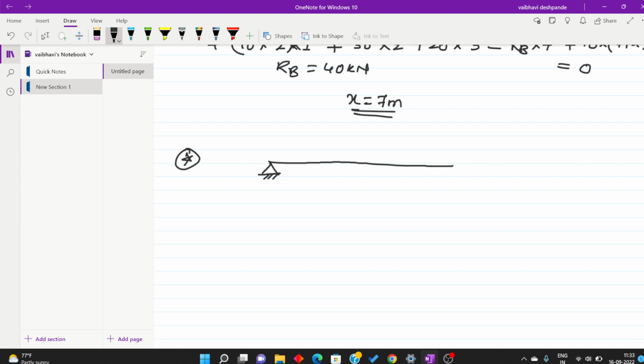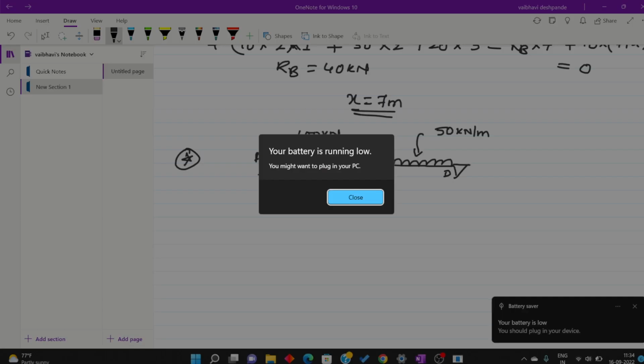There is a hinged support and an inclined concentrated load of 100 kilonewton at an angle of 45 degrees, and this is A. A UDL is spread over a distance of 1 meter, with intensity 50 kilonewton per meter. Here at point D there is an inclined roller support.